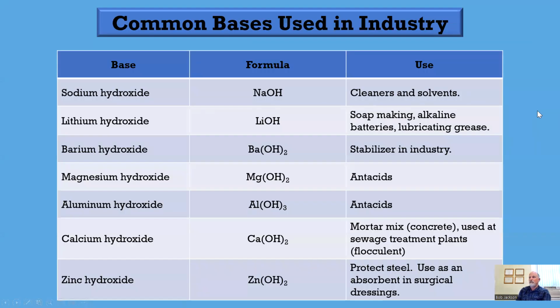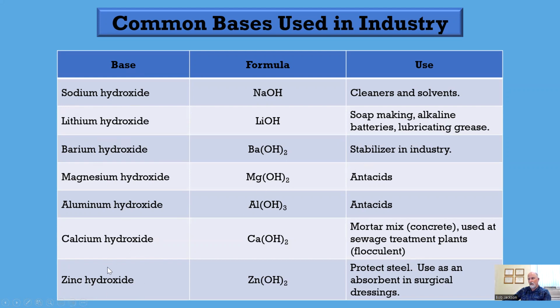Okay, common bases used in industry. Probably the most used is sodium hydroxide and magnesium hydroxide, and maybe calcium hydroxide right in there close. But these others, like lithium hydroxide, barium hydroxide, zinc hydroxide is halfway common out there.